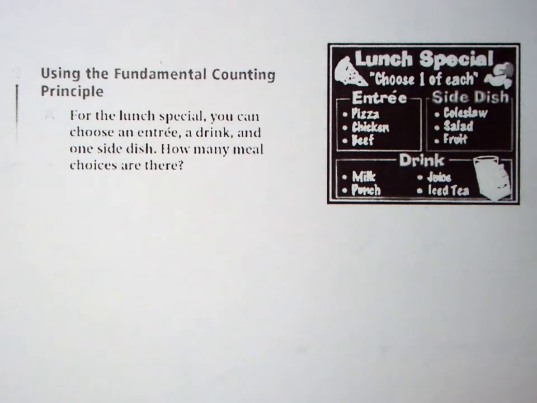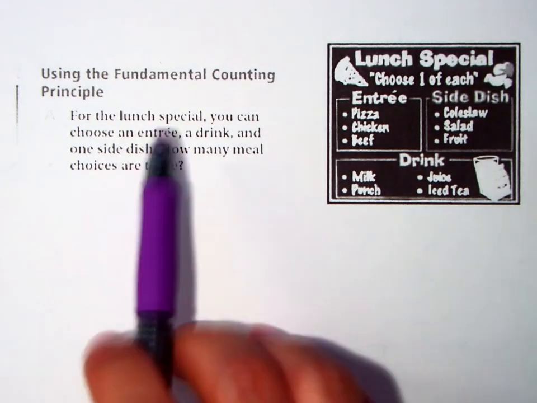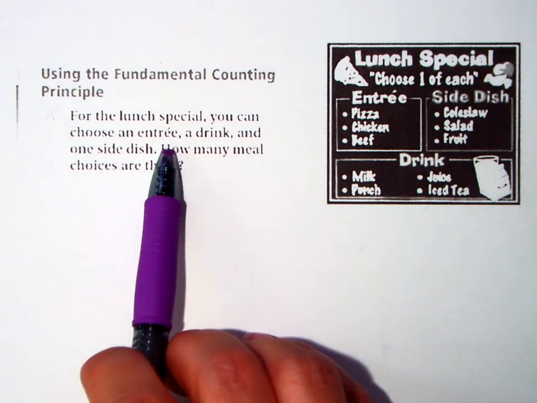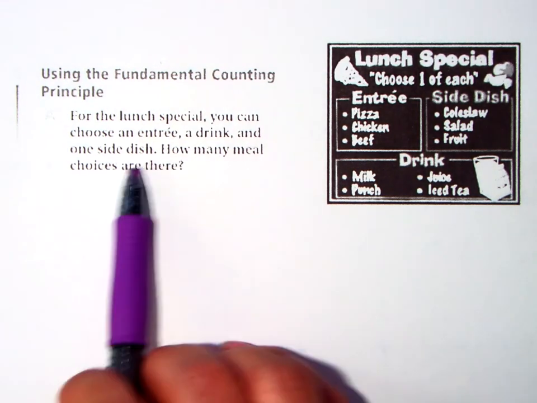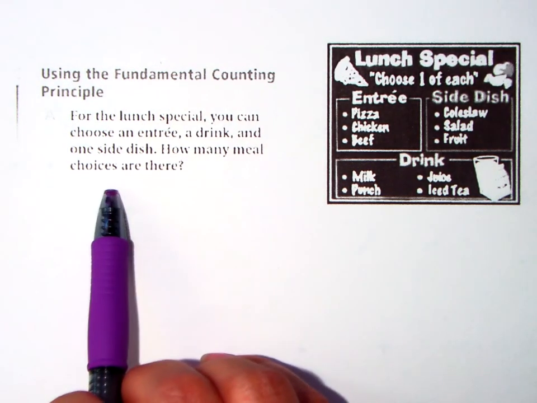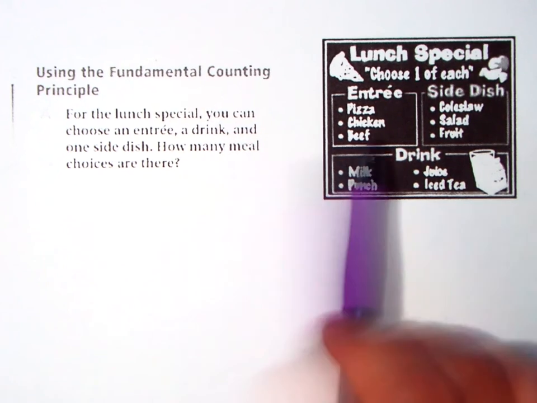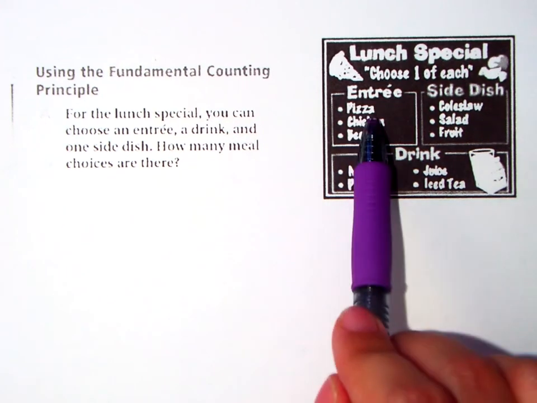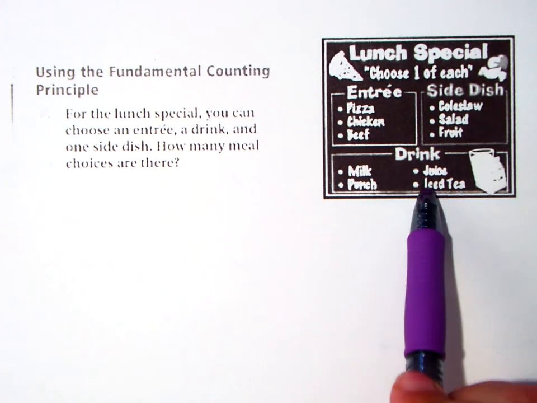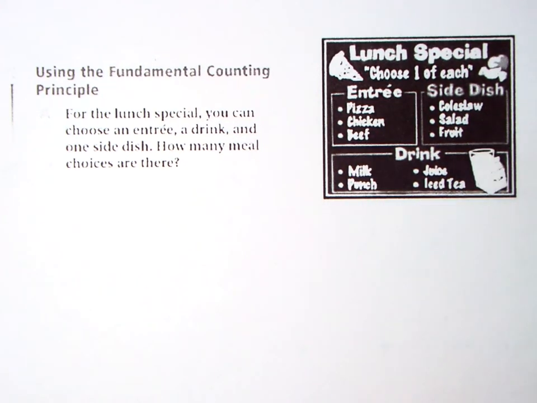All right, so for the lunch special, you can choose an entree, a drink, and a side dish. How many meal choices are there? Okay, so here is our menu. We can choose an entree, we can choose a side, and we can choose a drink. So you could have made a tree diagram or even a list.